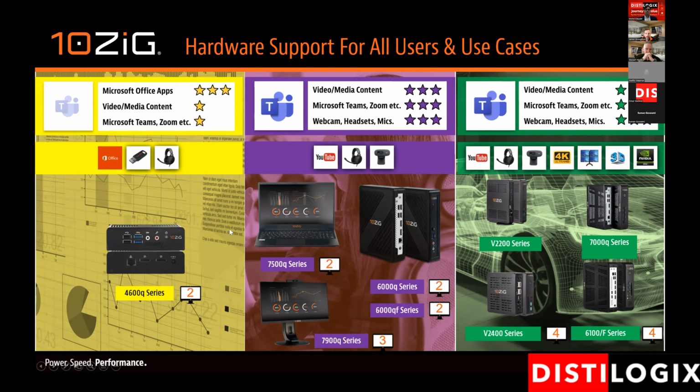So it won't support Teams or Zoom or Cisco optimization, but it will do a standard connection. And then if you were to choose our hardware, and you needed those types of functionality, you need a more powerful thin client. And indeed, if you needed quad screen or dual 4K, things like that, then you'd be over in this green section. And the same thing goes for repurposing your existing hardware.